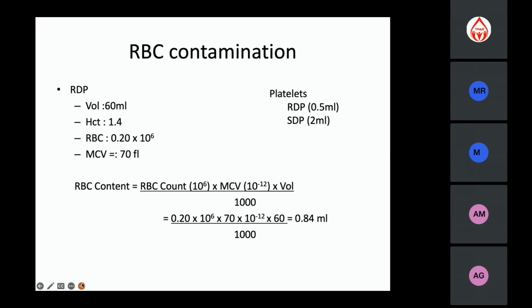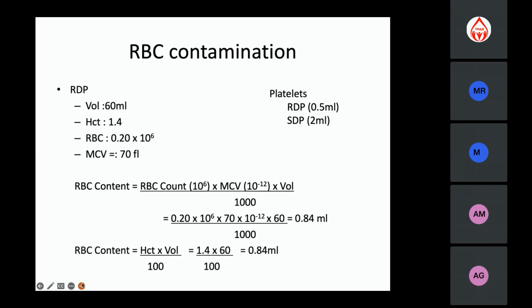So 0.20 into 10 power 6, then 70 is the MCV in milliliters, that is 10 power minus 12, into bag volume 60 divided by 1000. So that comes around 0.84 ml, the RBC content in the bag. The other method to estimate RBC contamination is by hematocrit. The hematocrit is mentioned here.